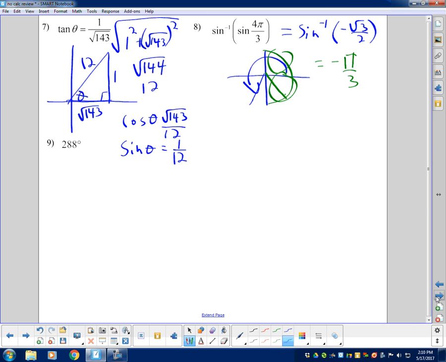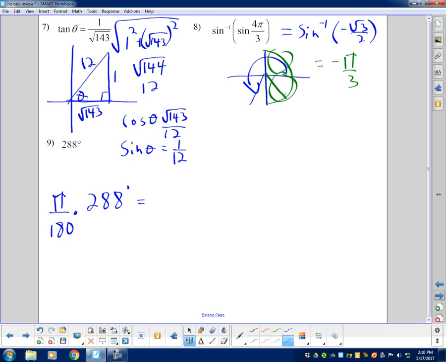Alright, number 9, 288. We're going to convert it to radians. Quick conversion here. So we have 288. We're going to multiply it by something. So it's 288 degrees is equal to, change this to radians. So we're going to multiply it by pi over 180.